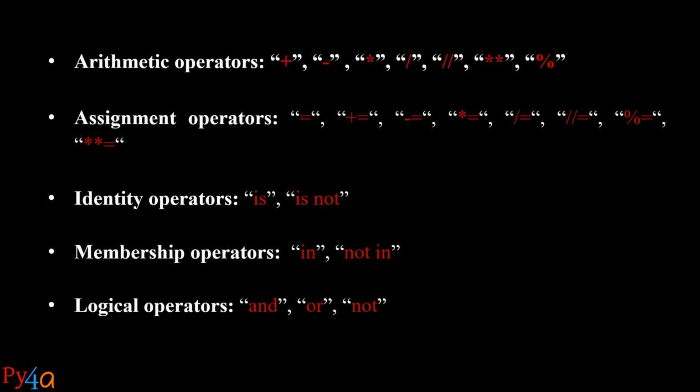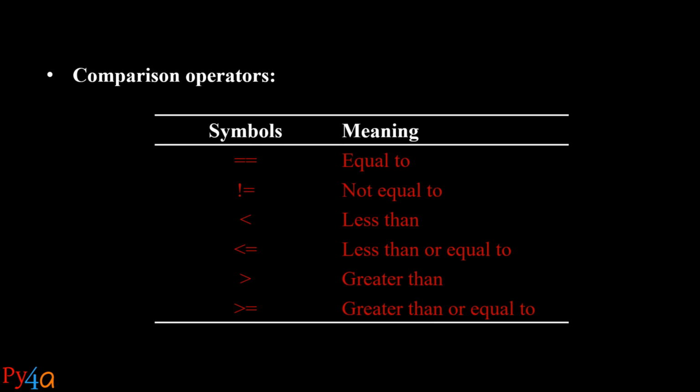Here we have it as the and, the or, and the not. The last but not the least of them is the comparison operators, and we have them listed on the table with the symbols and their corresponding meaning.